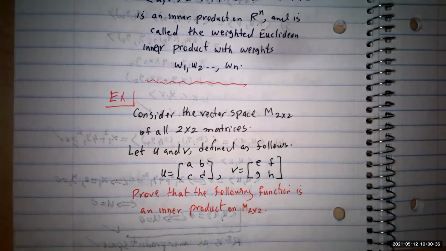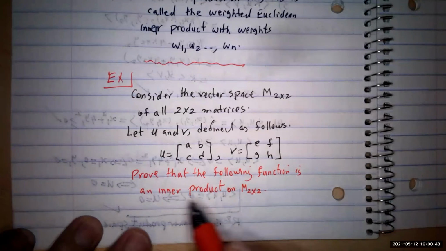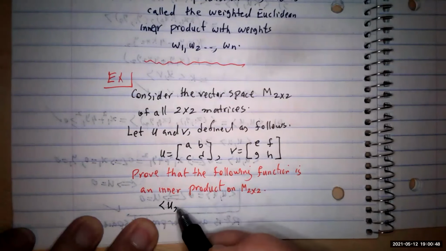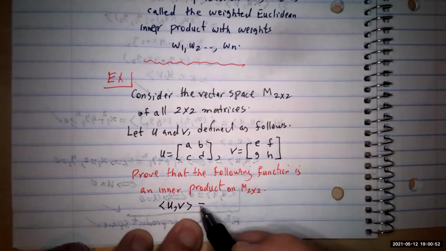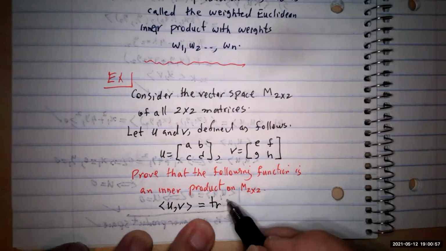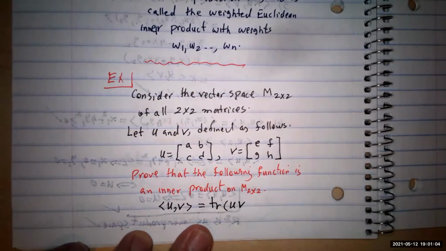What is this definition that we're going to have? I write the definition, then I explain it for you. We define U dot V, the inner product, to be equal to the trace of U times V transpose.